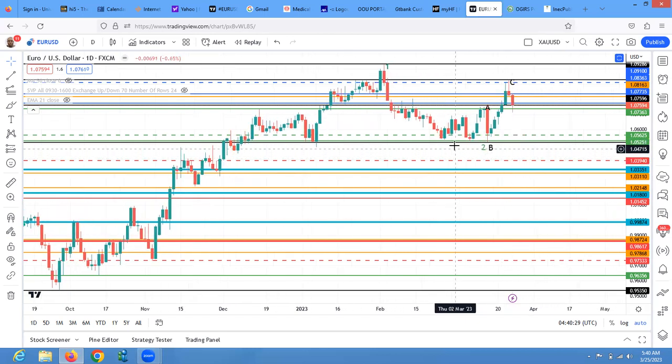So after this move, this could have actually been an A. Sorry, this could have actually been an A here. After this first move to the upside, this could have been an A, B, and a C for this move. So that is what it's looking like now. The move could now be a 1 of a new wave, which I can say like a 1 in the blue.